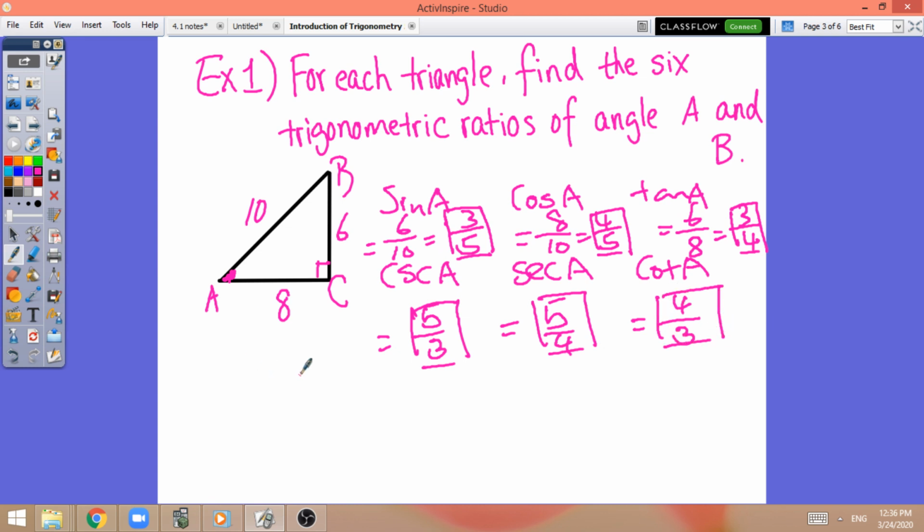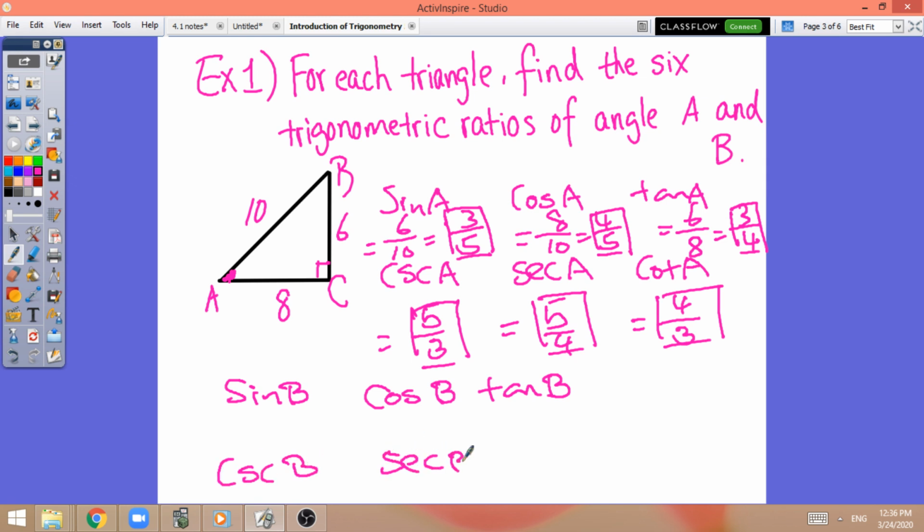And now, let's find the ratios for sine of capital B, so sine of angle B, cosine of B, and then tangent of B. And then after that, you want to find cosecant of angle B, secant B, and then cotangent of B. So this time the base angle has been changed.